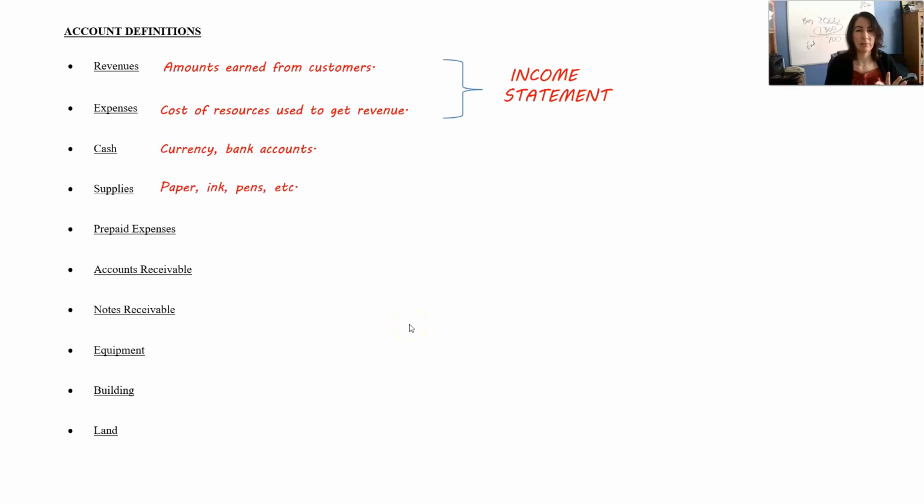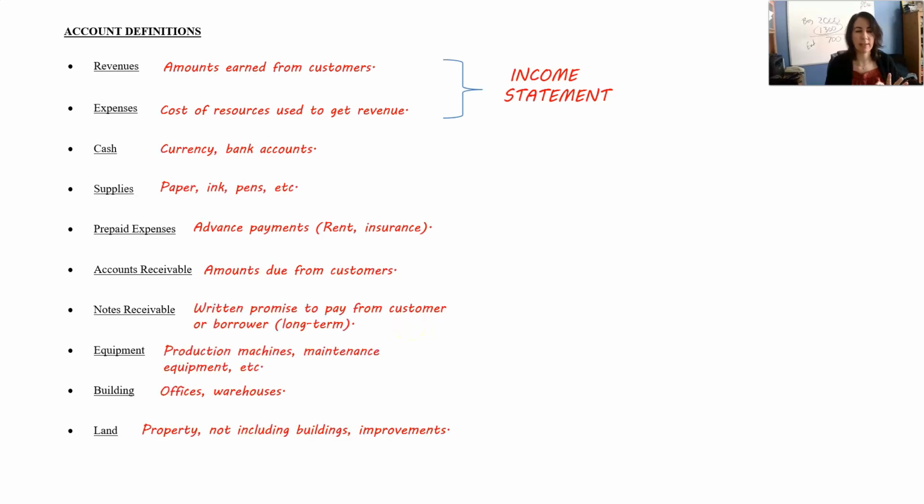For this chapter, you may want to pause this, I gave you little user-friendly definitions, probably not as accounting oriented as they should be, just regular language, so you have this to reflect back to. Pause it and feel free to take these down in your notes. Revenues and expenses go on your income statement. All of these are balance sheet accounts.